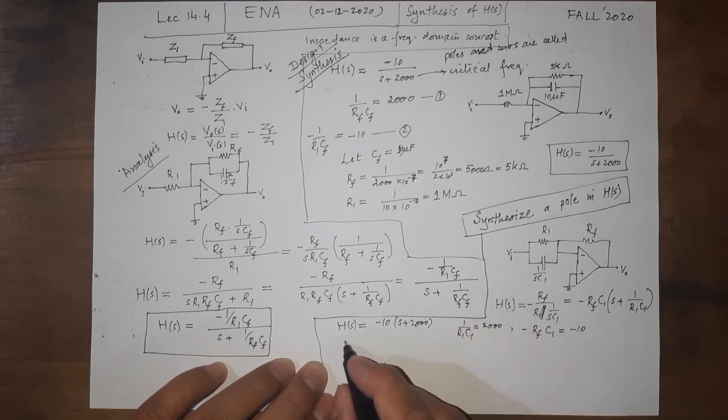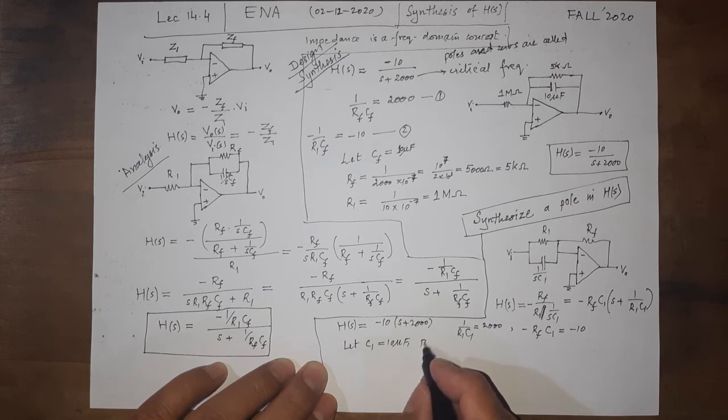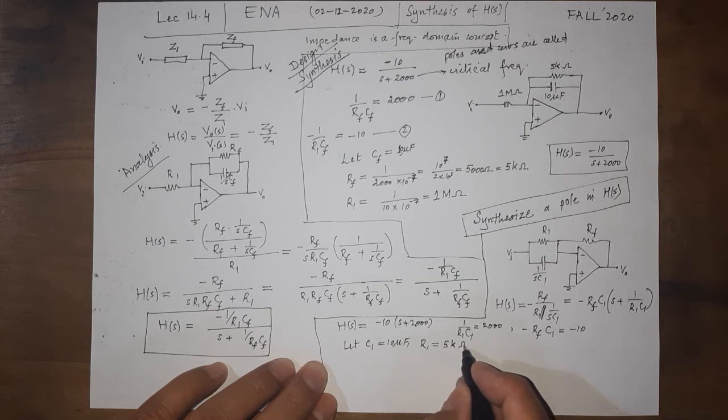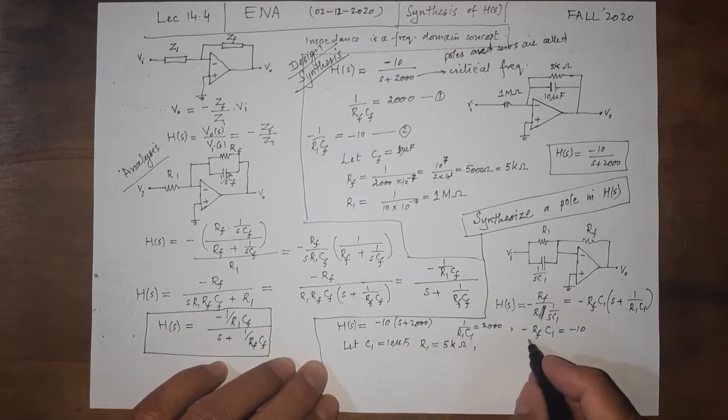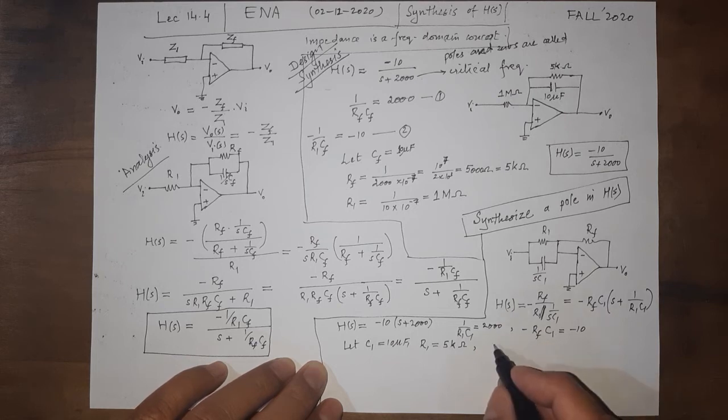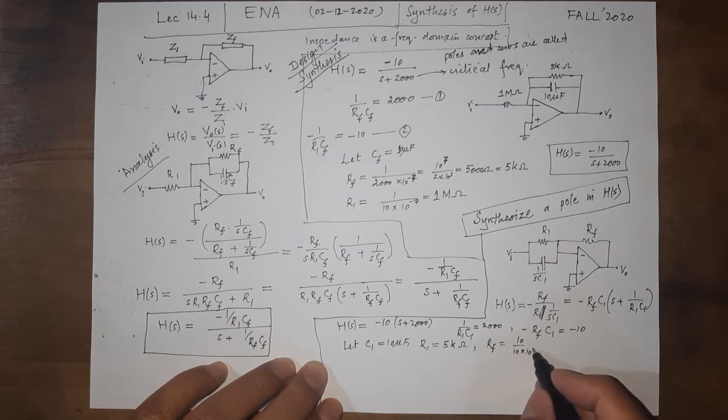So if we assume C1 to be 10 microfarad, we will again find R1 to be equal to 5 kilo ohm. You can check that. And knowing that C1 is 10 microfarad, we can find RF to be equal to 10 over C1, which is 10 into 10 raised to the power minus 6.